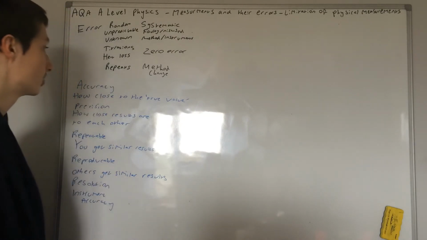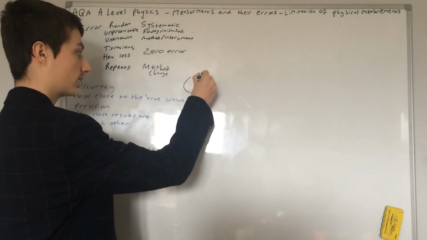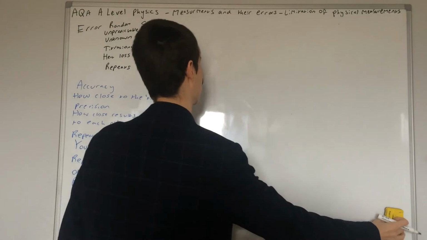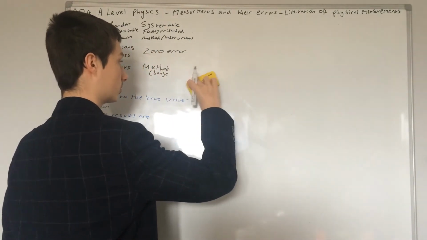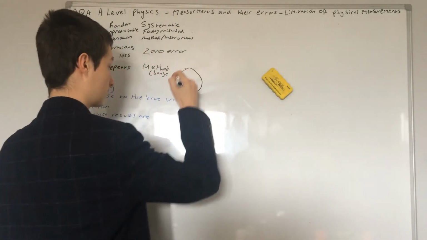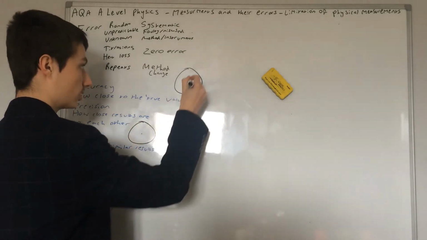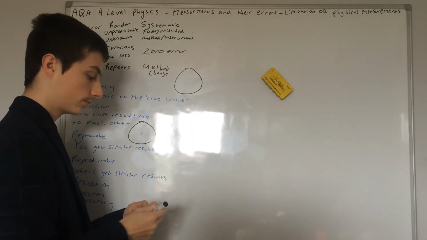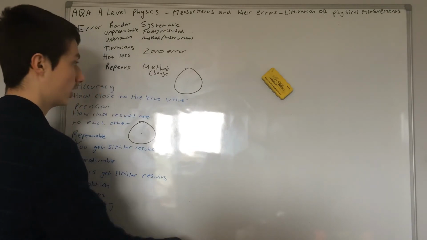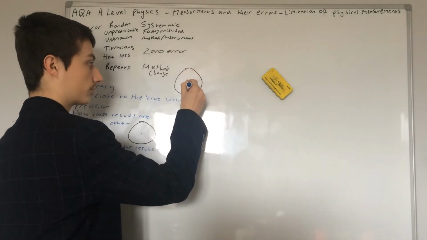Now we can look at precision and accuracy as targets. I'm going to draw that a bit bigger. There's not much space now. There we go. With a dot in the middle being the true value. Accurate data will look like this.